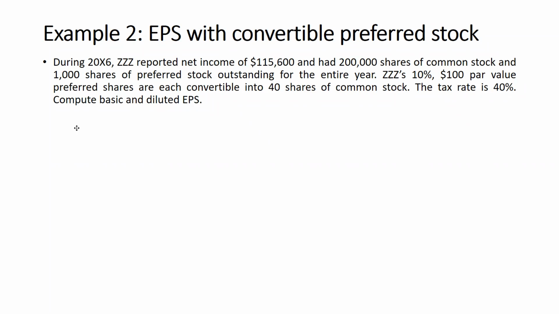So we start with step one again. Step one, basic EPS. I don't need to calculate again because it's already calculated. It will be the same, $0.53.